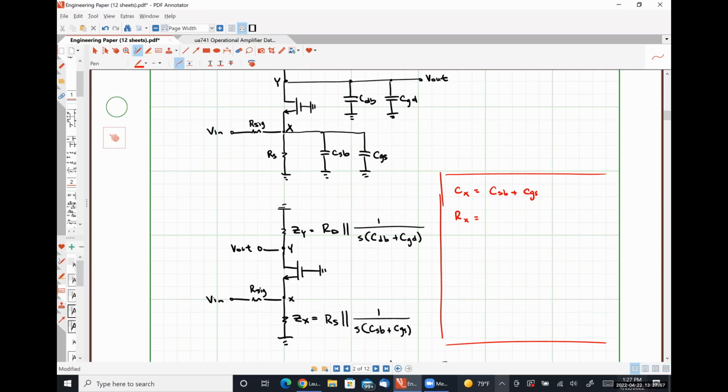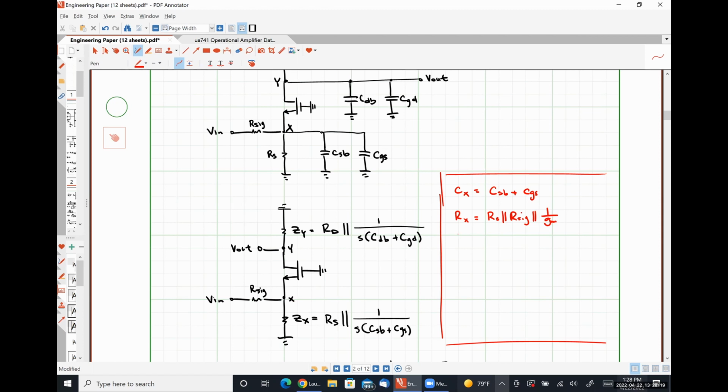What's the resistance seen between node X and ground? R6. What do we see looking up? Okay. RS in parallel, R sig in parallel with 1 over GM.